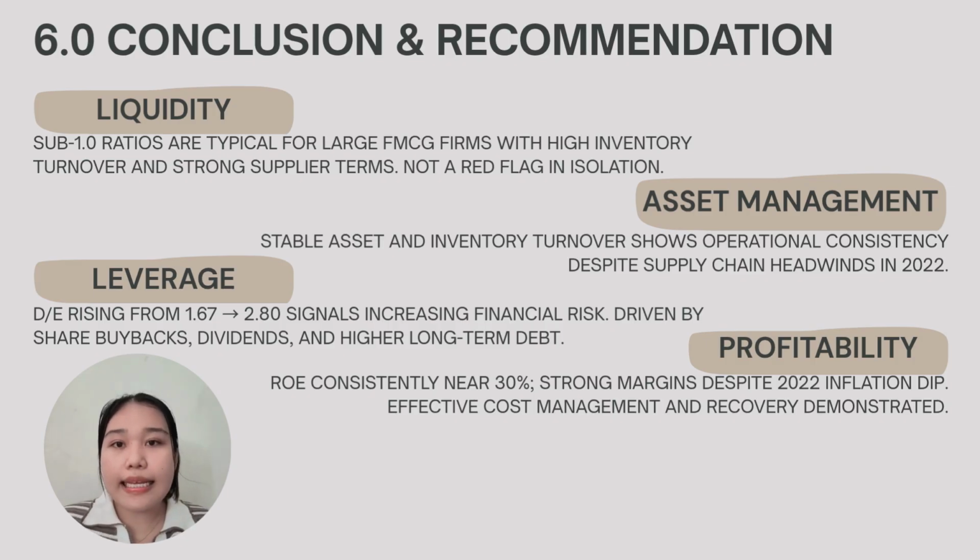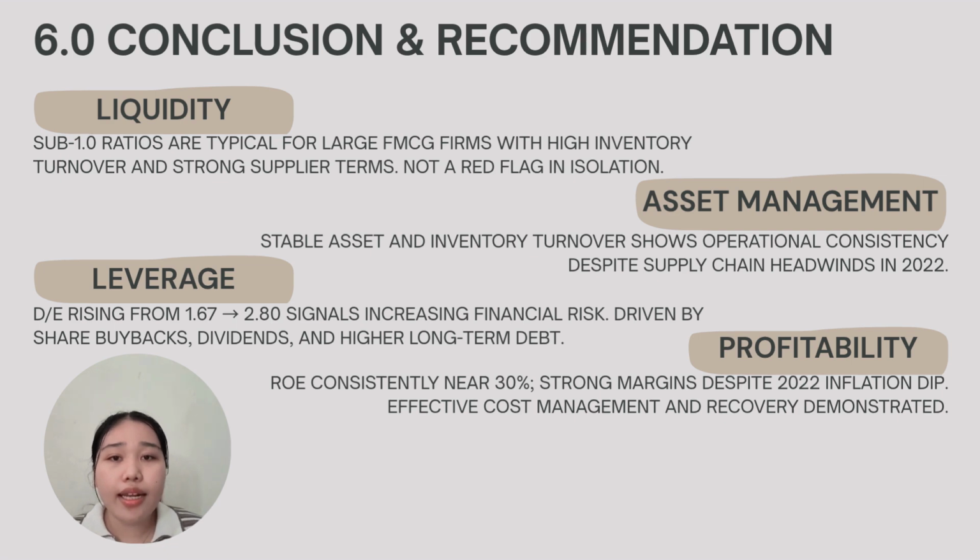Now I will present the conclusion and recommendation based on our financial analysis of Nestle Malaysia Berhad from 2020 to 2024. Starting with liquidity, throughout the 5-year period, Nestle's current ratio and quick ratio remained consistently below 1.0. At first glance, this may seem concerning.